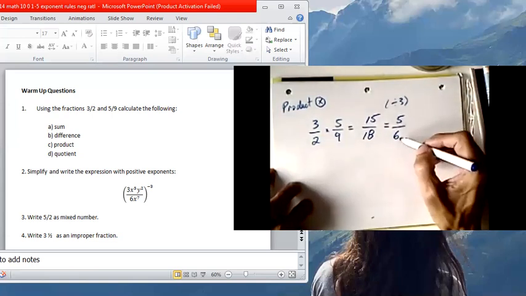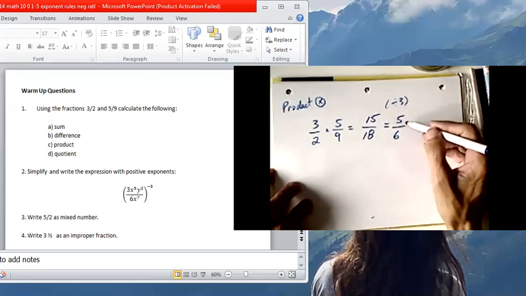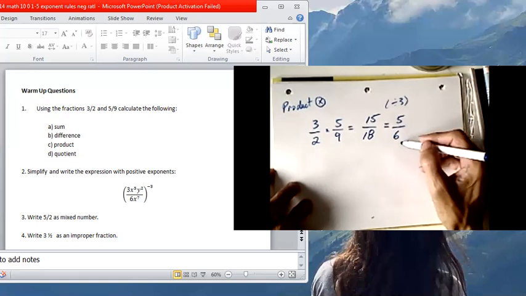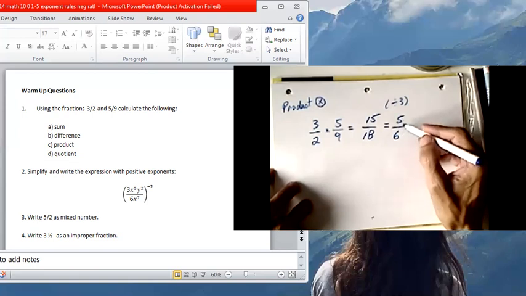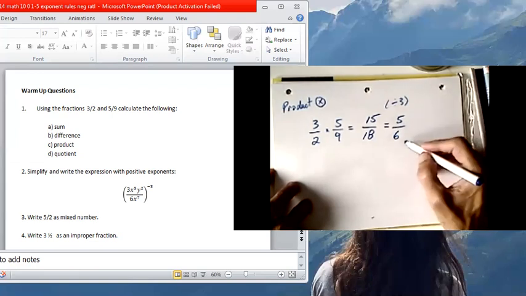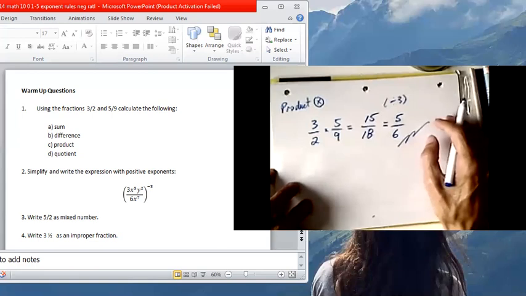Can they be divided any further? Is there still another number that goes into both of those? Oh, and 1 doesn't count. Well, the answer is no. So that's it. This is as small as these numbers can get compared to one another. So that'll be the final answer for multiplying.